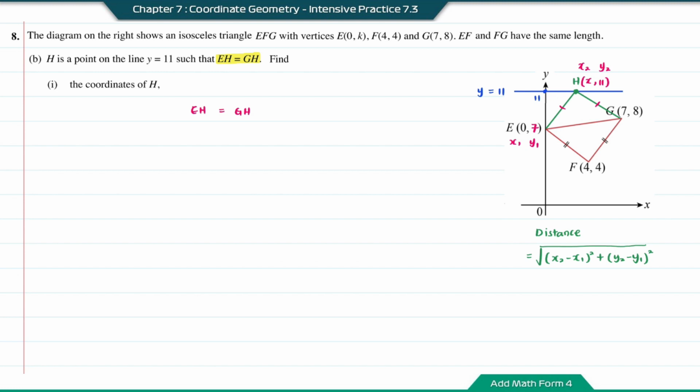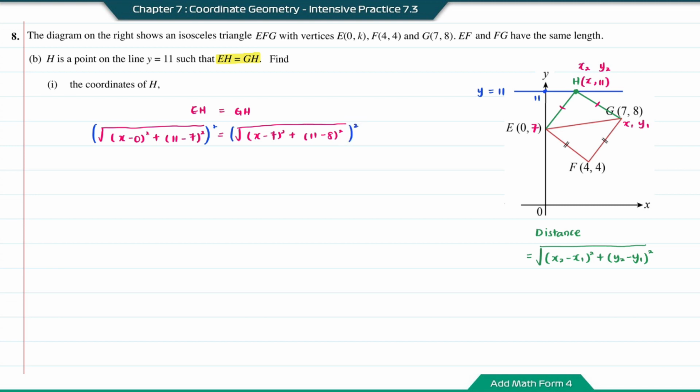So the distance EH will be the square root of (x minus 0) squared plus (11 minus 7) squared. As for the length GH, it will be the square root of (x minus 7) squared plus (11 minus 8) squared. Next, I'm going to square both sides to cancel the square root.